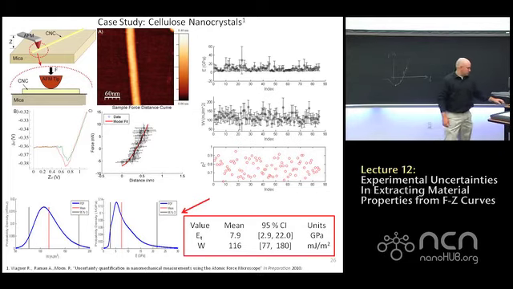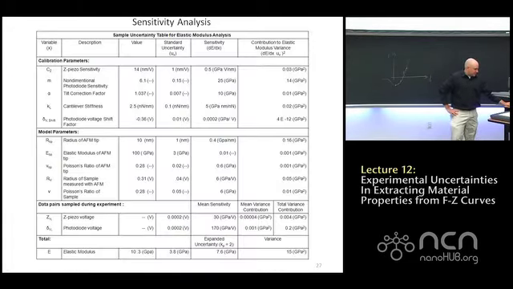So, to break it down even further, we can take just an individual F-Z curve. This is the same F-Z curve I showed you a while ago. Just all of our inputs. And then if you think back to the Taylor series equation, we had df, if we let xi be our input, dxi times uxi squared term.